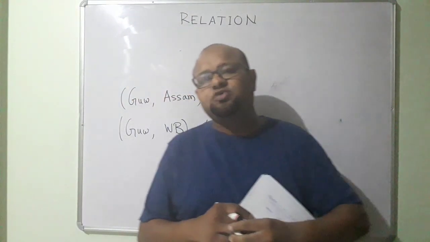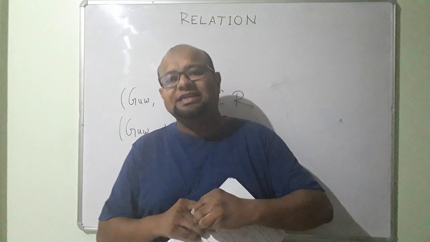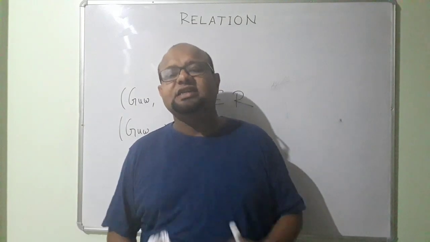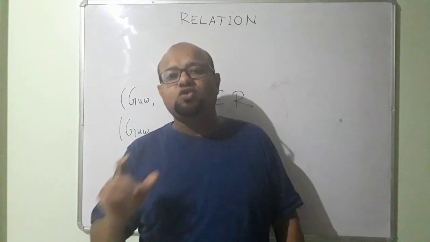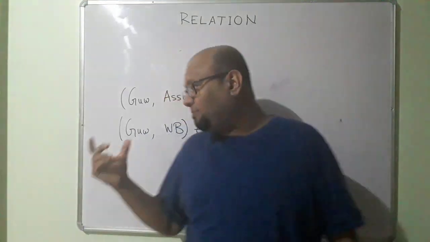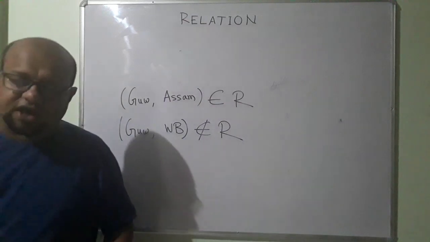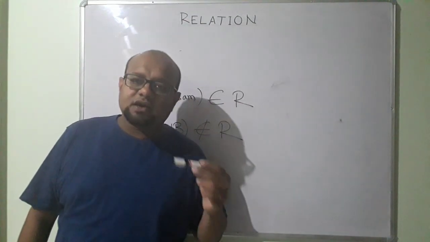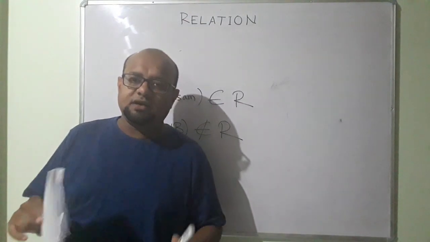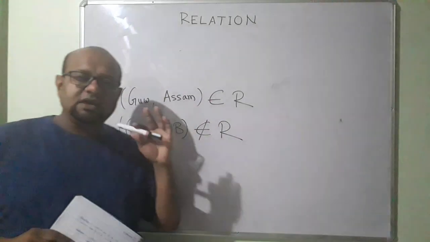My Cartesian product will have every possible city-state combination, so it will belong to my Cartesian product, but it will not belong to my relation. This will belong to my relation. Why? Because my relation consists of those ordered pairs which are in this form (a, b).